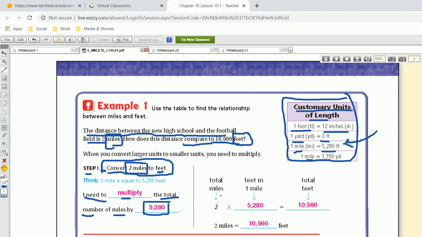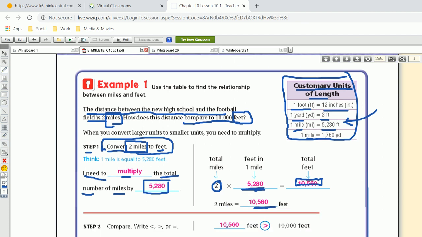You have to multiply 2 by the feet in 1 mile to get the total feet. So 2 miles equals 10,560 feet.